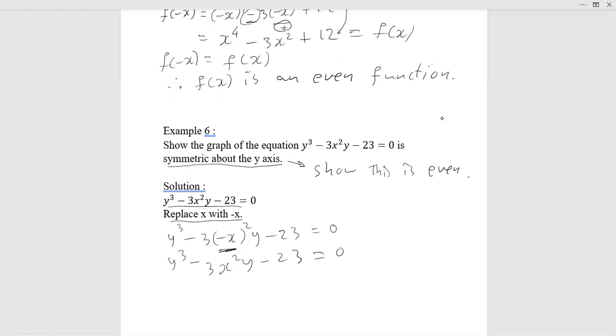See, again we get the same equation as given originally. Therefore, the given graph is even.